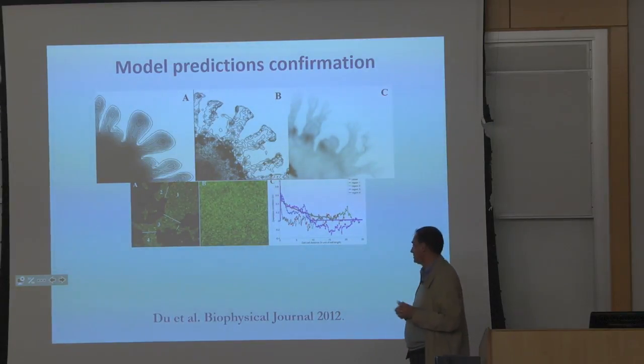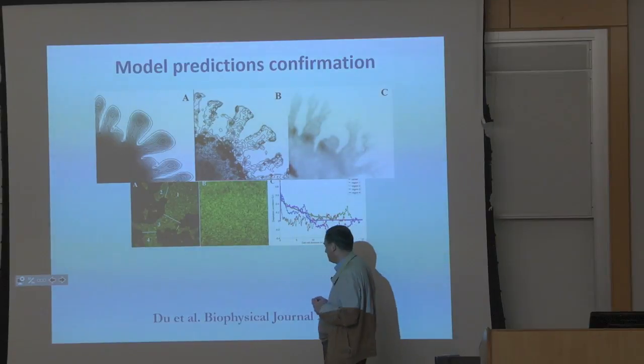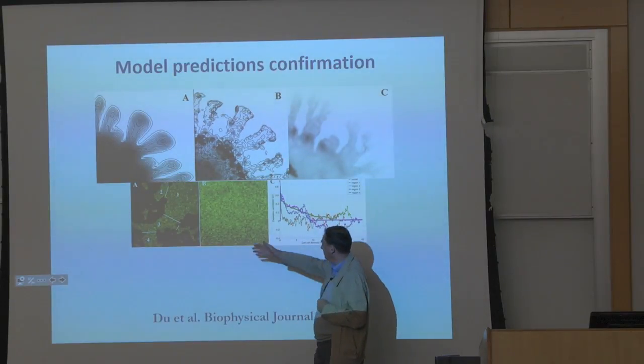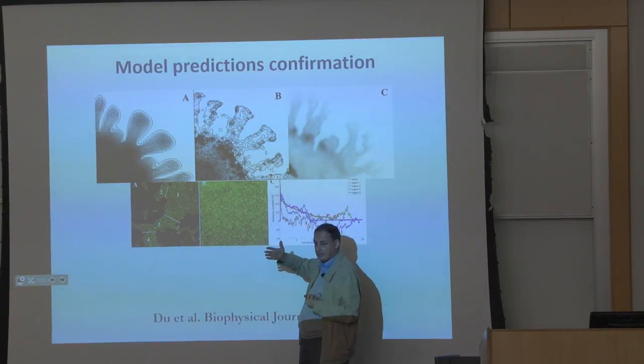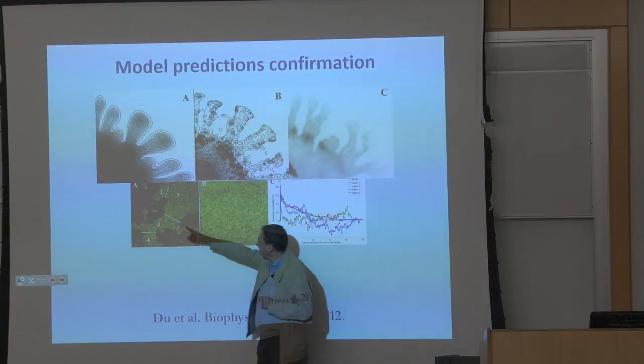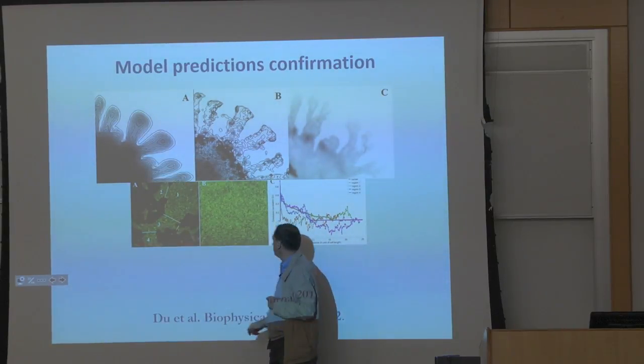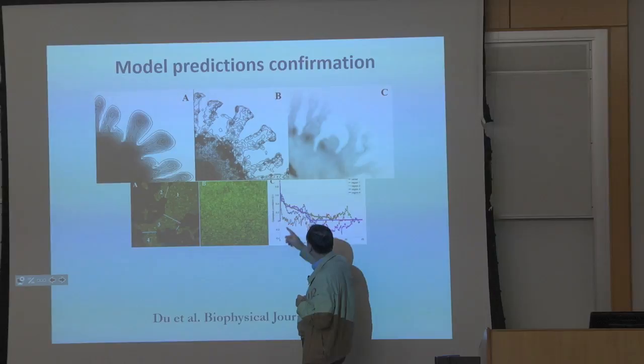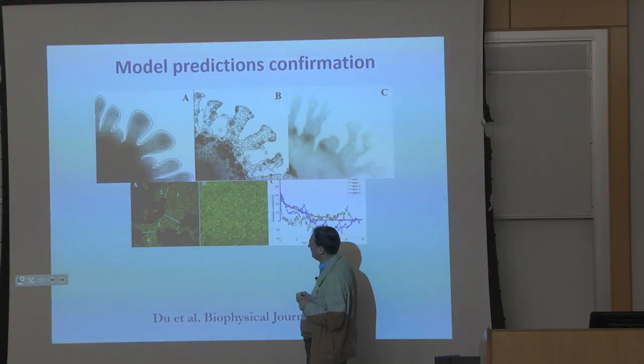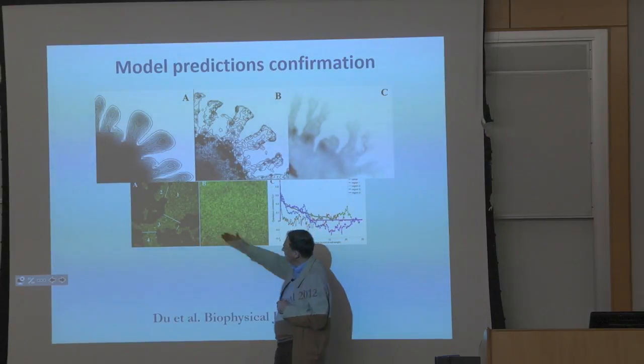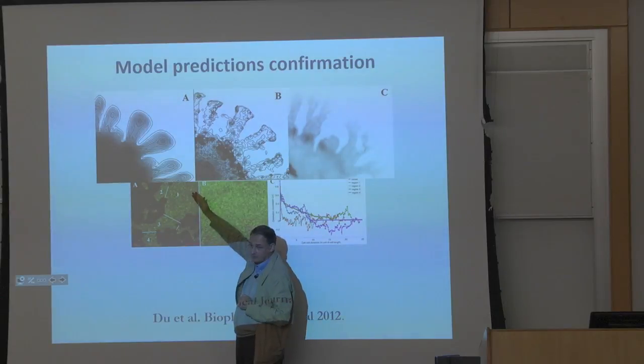After that, biologists, and we participated in the experiments, that's a paper in Biophysical Journal, improved the resolution of the experiment and calculated the level of alignment. That's the parameter we used, the alignment, in the fingers and inside of the swarm.